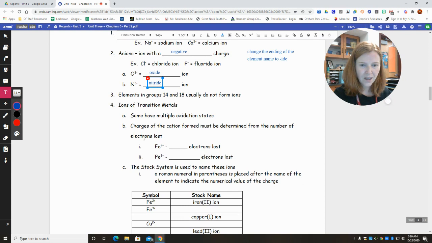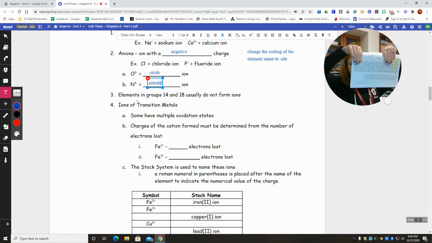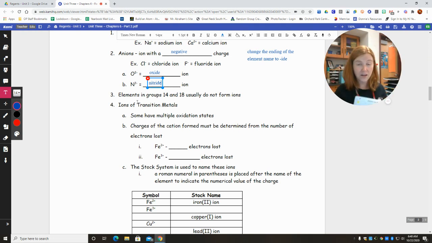Now, our transition metals. Our transition metals on the periodic table are in this middle section between groups 3 through 12. One of the defining characteristics of a transition metal is that it can have more than one possible charge.